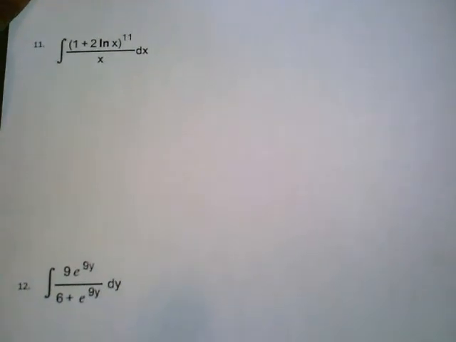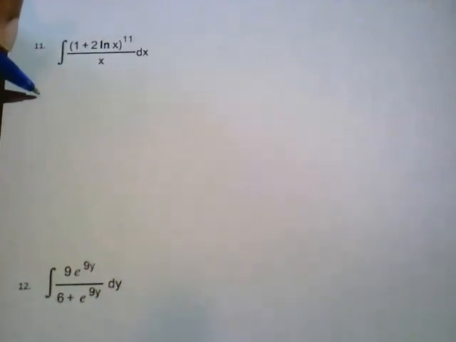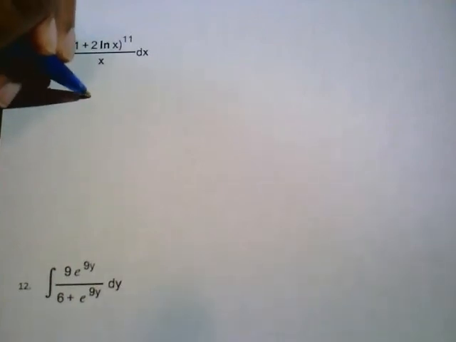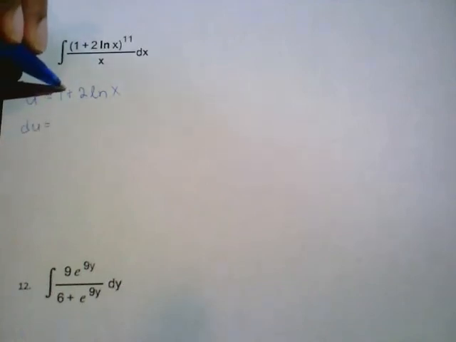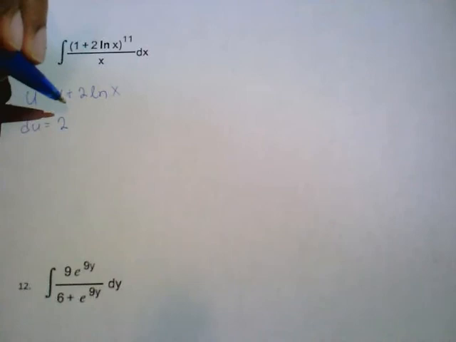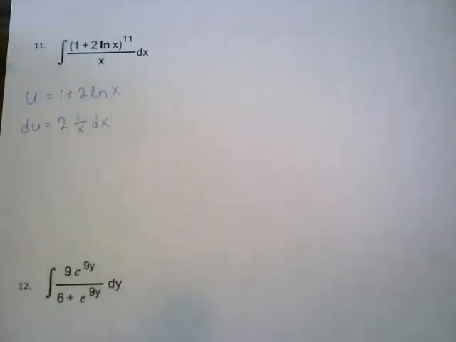Number 11, we have 1 plus 2 ln x raised to the 11th power over x dx. So let's say we allow u to be our argument again here. Let's let u be our base this time. So u equals 1 plus 2 ln x, du will equal, the 1 will change to 0, the 2 will stay, and we'll have 1 over x dx.